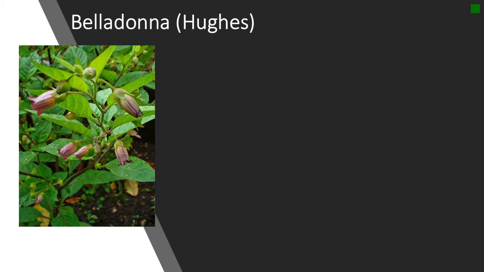Now, Hughes was a British homeopath who took tremendous pains to organize and write a book in which he was able to present symptoms as they appeared over the course of time. And that is a big guide for us when it comes to understanding the pathogenesis of a remedy. Take for instance belladonna.